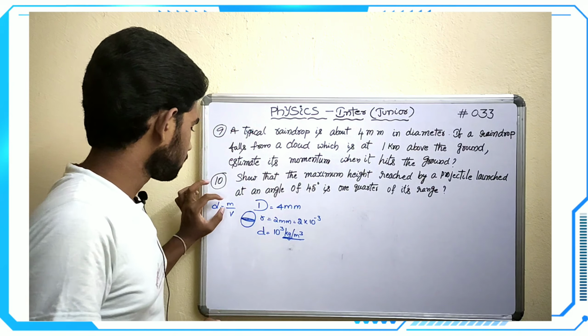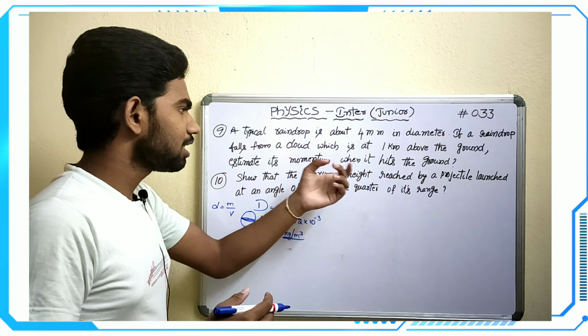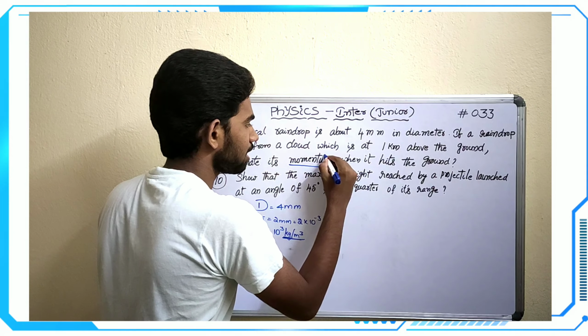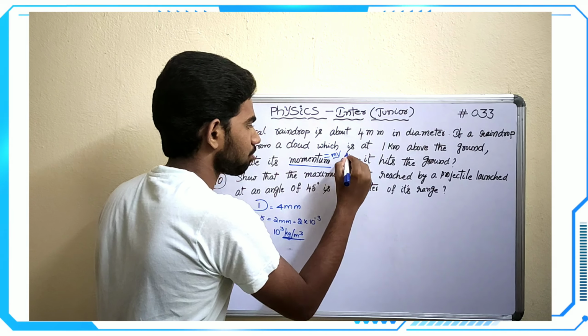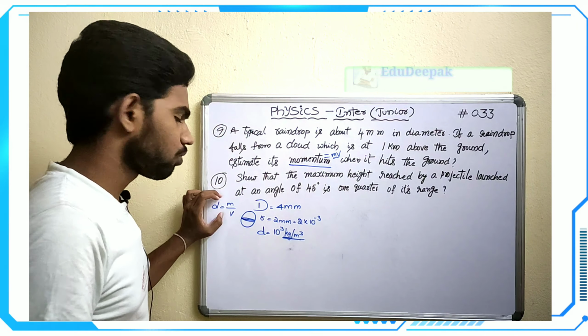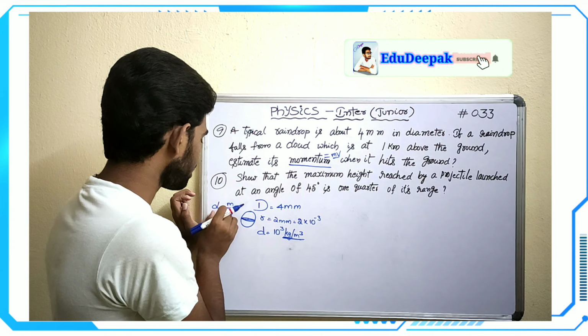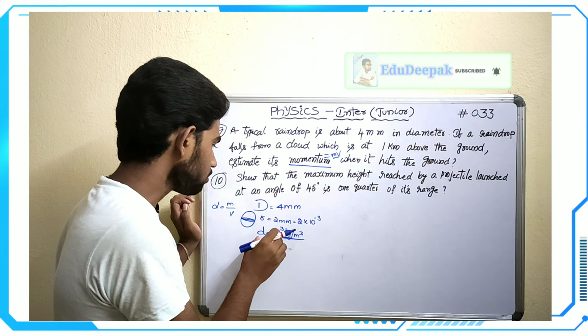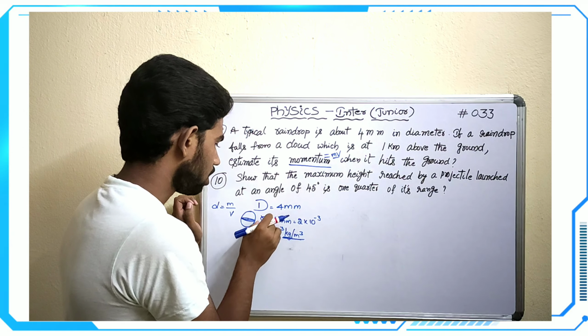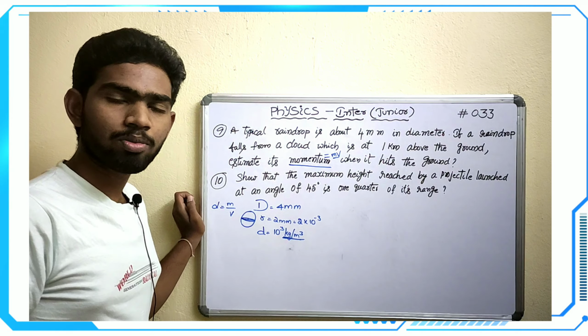We want the mass because the momentum formula is mv, that means mass into velocity. So mass is density into volume. The volume is 4 by 3 pi r cube.